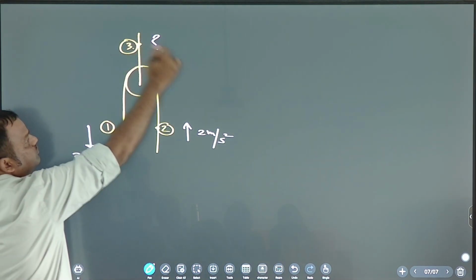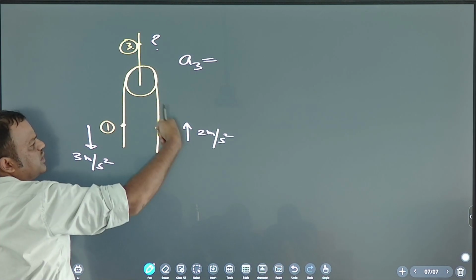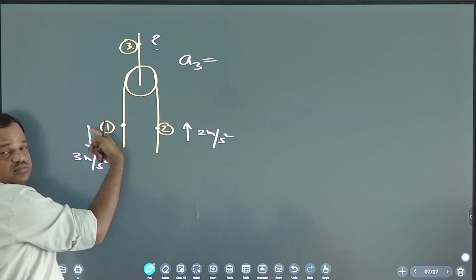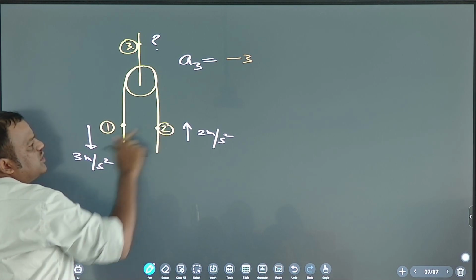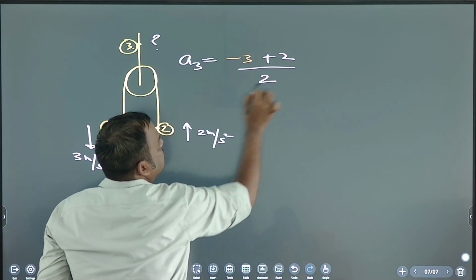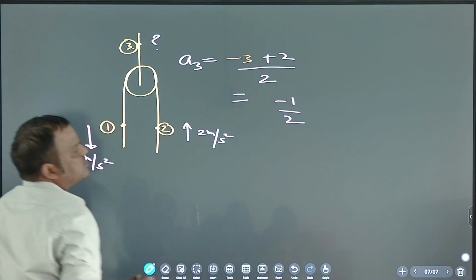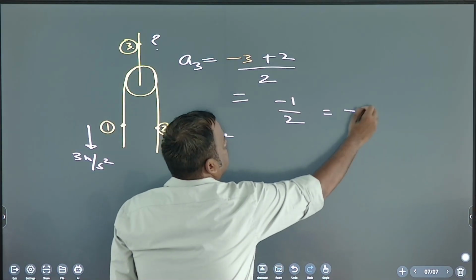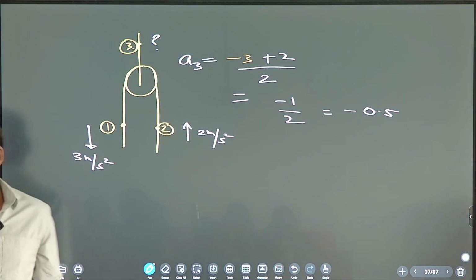How will you solve? Acceleration of 3 is equal to (A1 plus A2) by 2. What is A1? Downward, so minus 3. What is A2? Plus 2. By 2. So what is the answer? Minus 1 by 2, minus 0.5. Okay, clear?